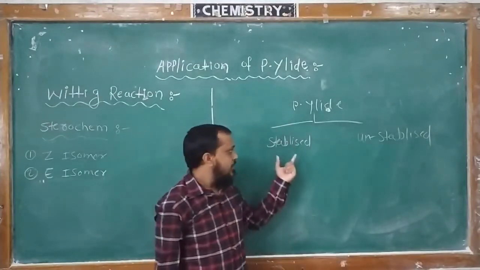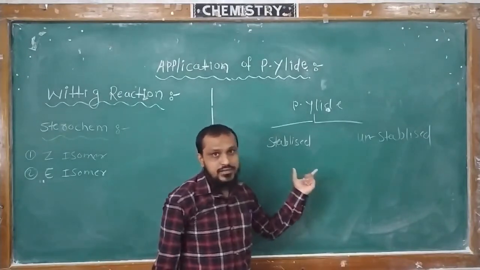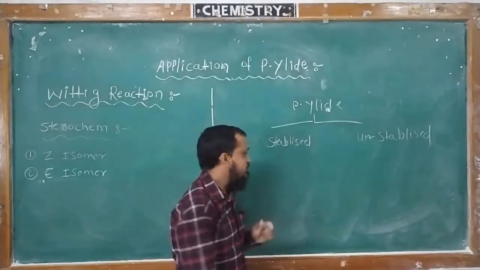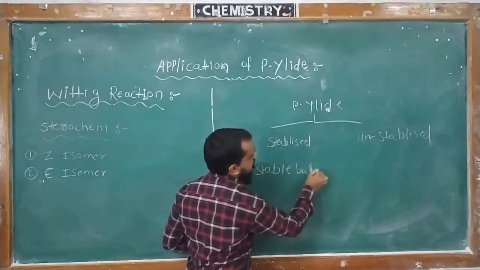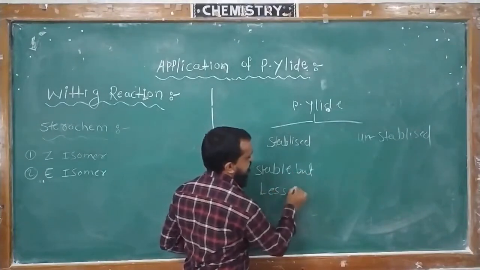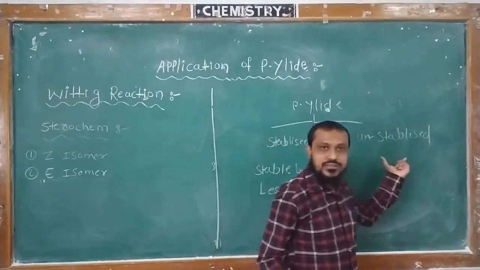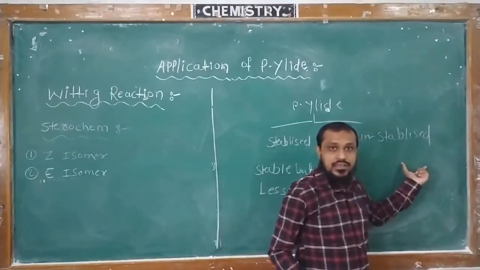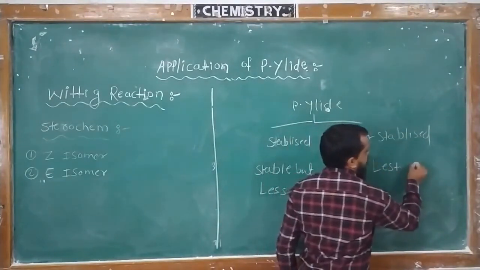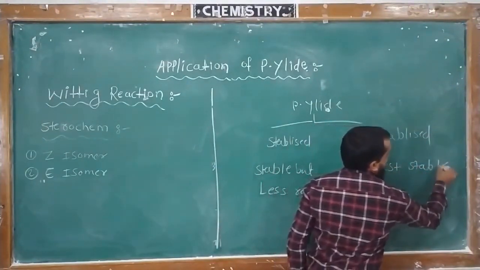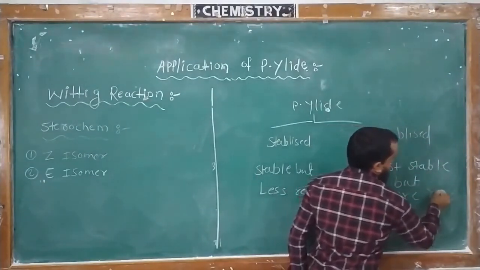The stabilized phosphorus ylide is stable but less reactive, and the unstabilized phosphorus ylide is least stable but more reactive.